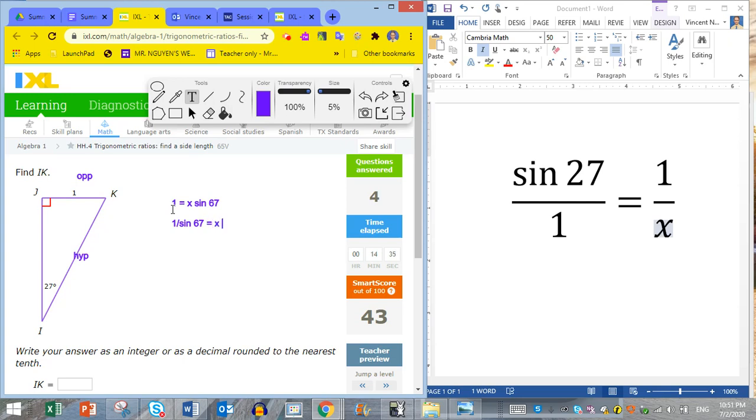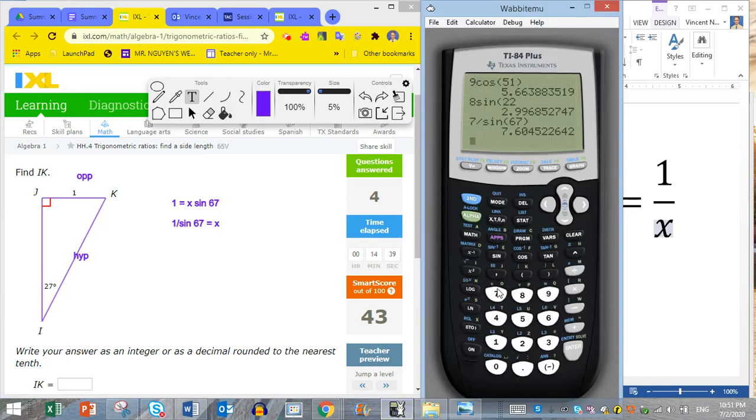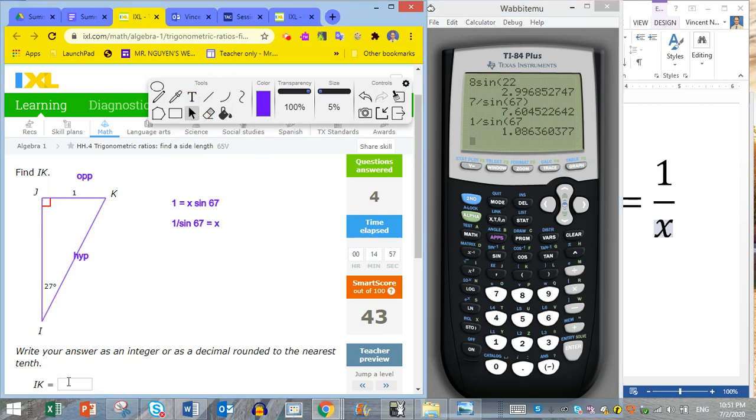So I'm going to type that into my calculator, 1 divided by sine of 67. Enter. And it's okay if you don't put the parentheses, just to save you an extra second. 1.1 is our answer. So we're going to go back over here, put 1.1, enter.